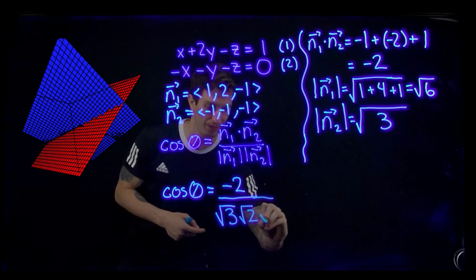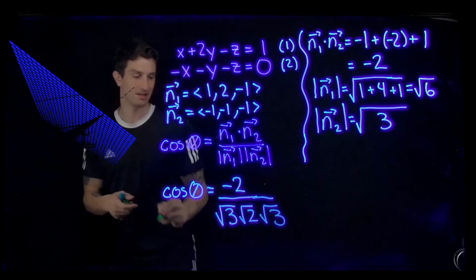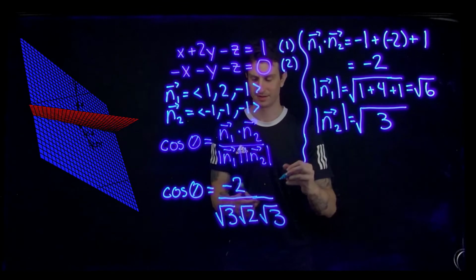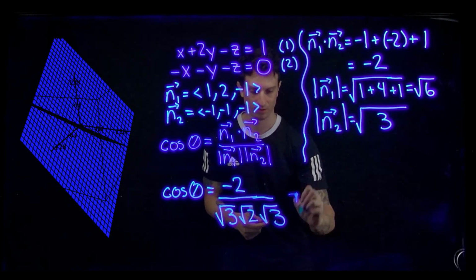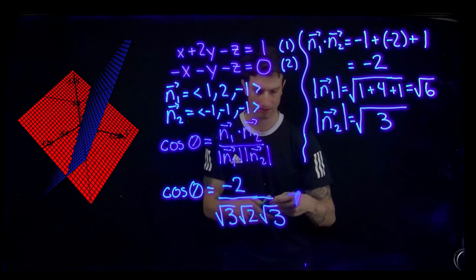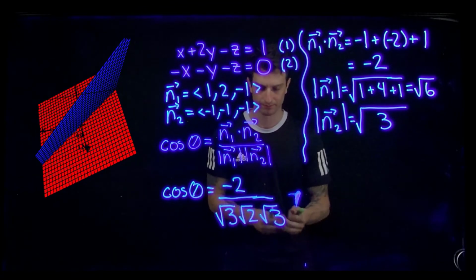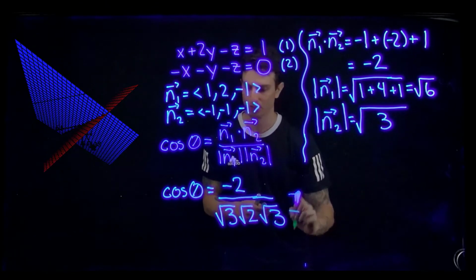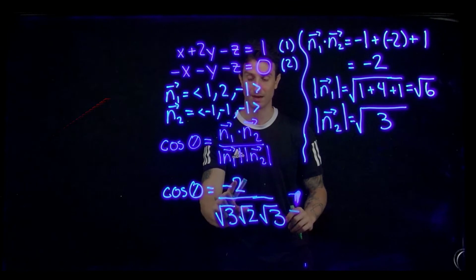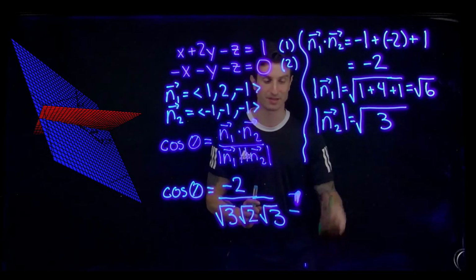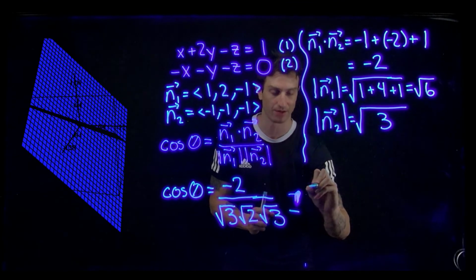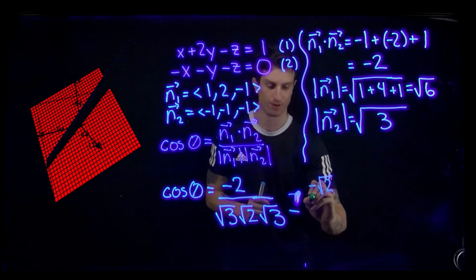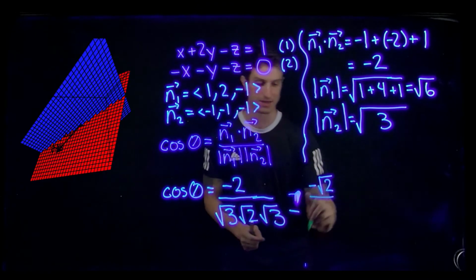So this should help us see the simplification. Let's simplify this: 2 over root 2 is going to simplify. We still have the negative sign up here, and this is going to be a root 2 over 3.